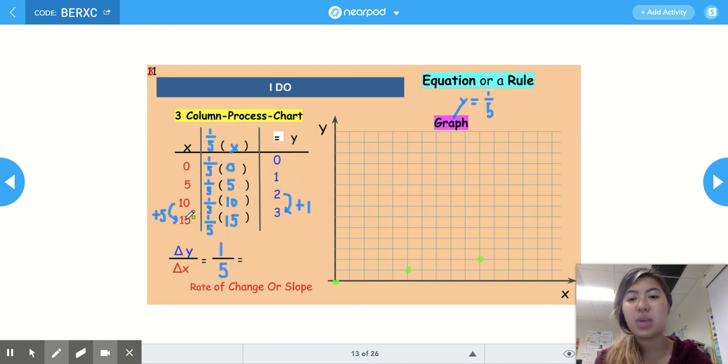And then lastly, we have 15, 3. So starting at the origin, moving over 15, and up 3 units, 1, 2, 3. Now I'm going to draw a line to connect the dots.